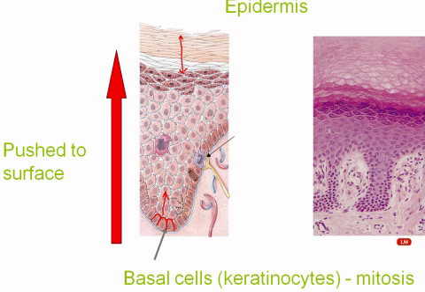So we are constantly losing dead cells off of the top of the skin, constantly being sloughed off, and those are also constantly being replaced as mitosis pushes more cells towards the surface.